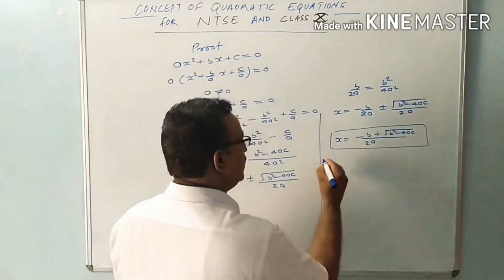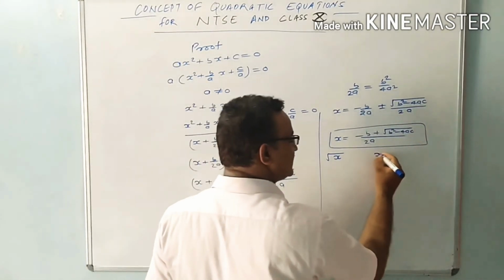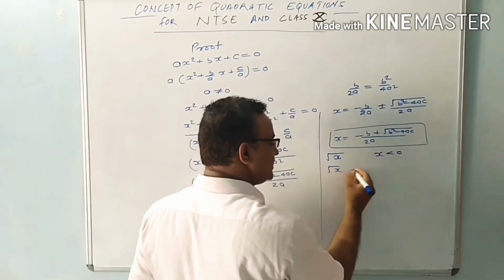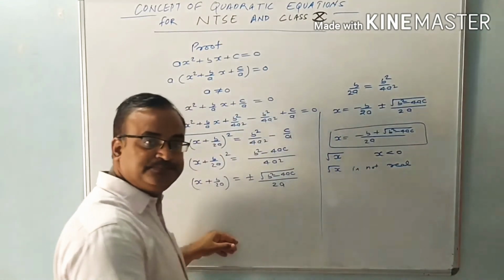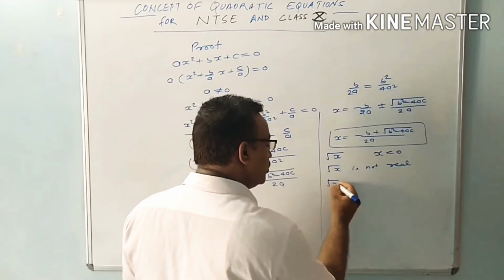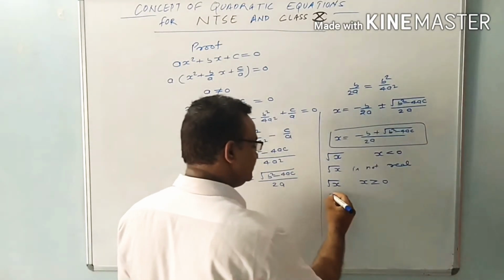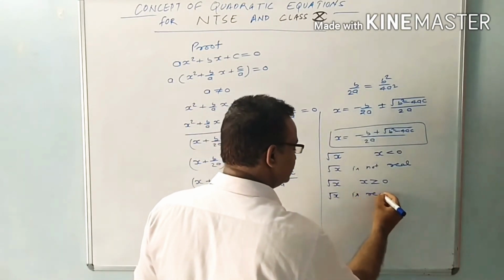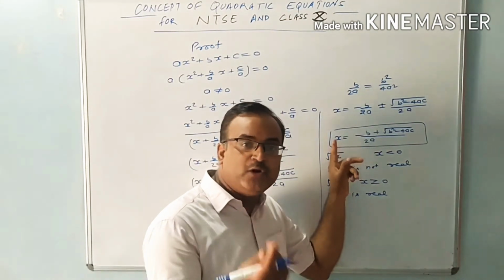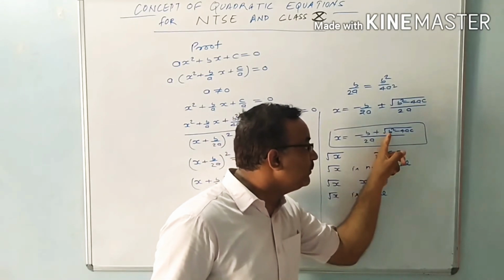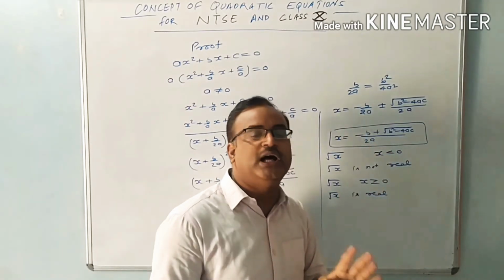One more important thing, you know, if root x is written and x is less than 0, then root x is not real. Clear? And now if root x is written and x is more than or equal to 0, then root x is real. Similarly, the value of x depends on the value of this root of b square minus 4ac, because we know that b and a both are real.